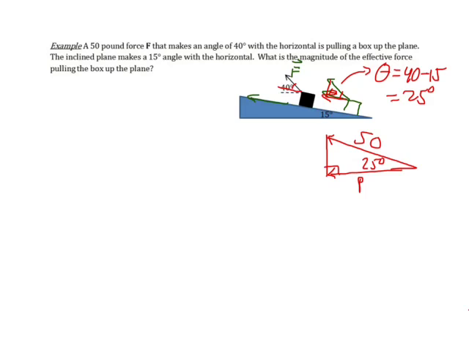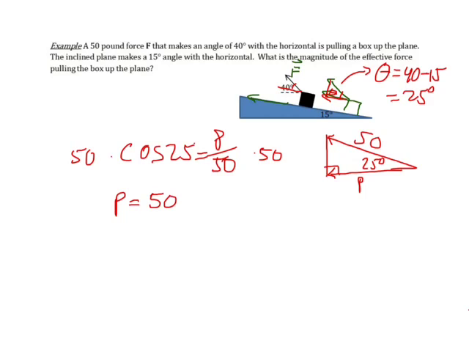Okay, how much of that force is going up the ramp there? Well, we can see this is just a cosine situation. We know the cosine of 25 is P over 50. If we multiply both sides by 50, we get P, flipping around here, is 50 times the cosine of 25.